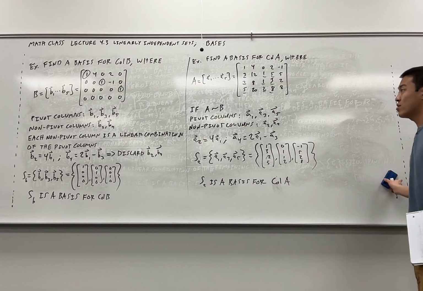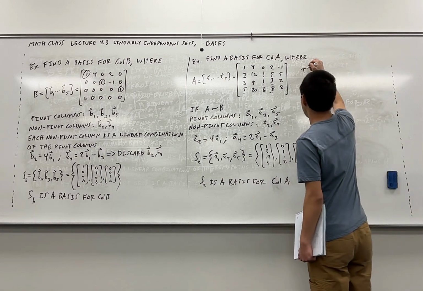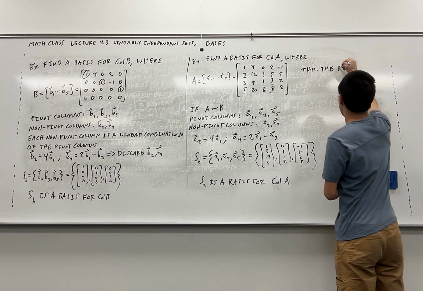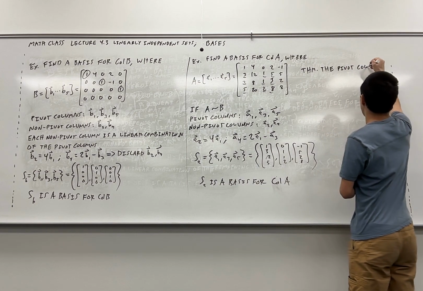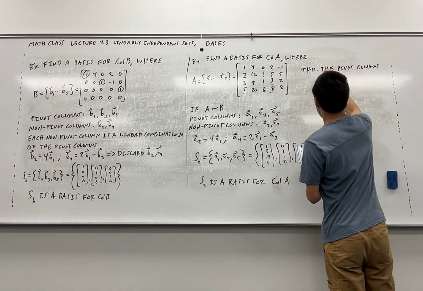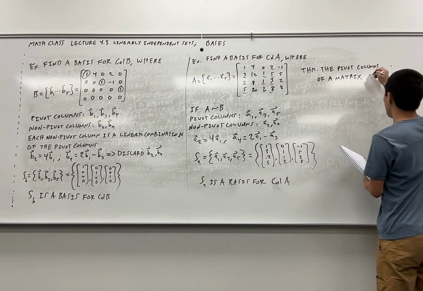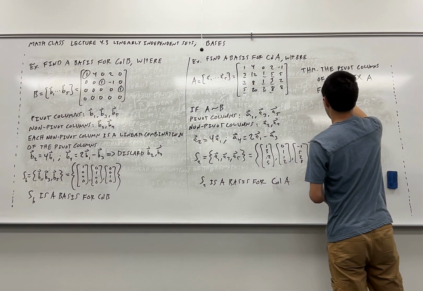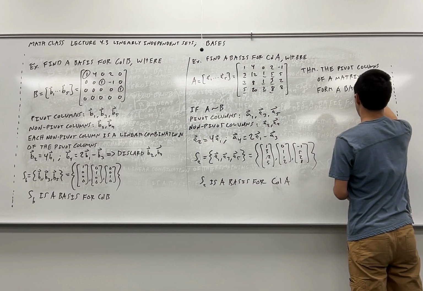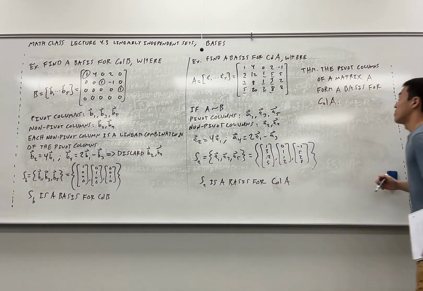So we can summarize all of this with the statement of this very simple theorem. The pivot columns of a matrix A form a basis for the column space of the matrix.